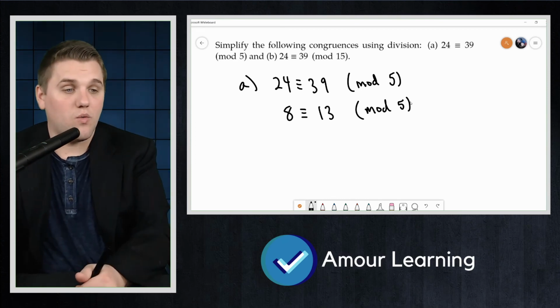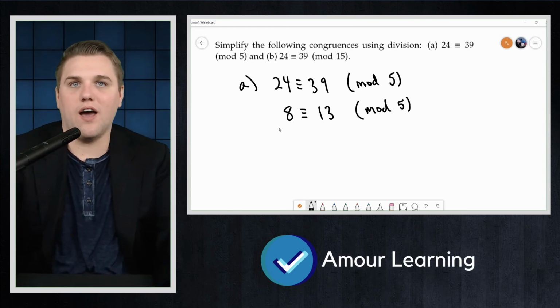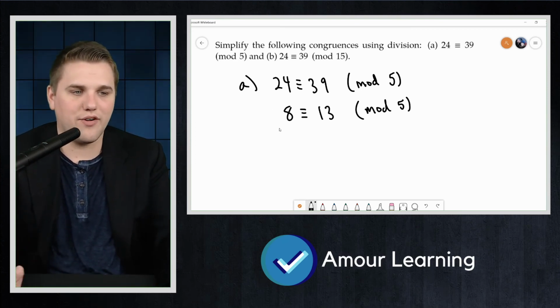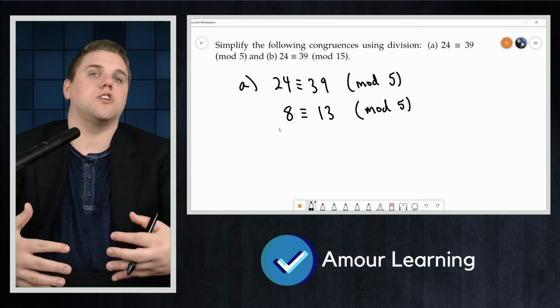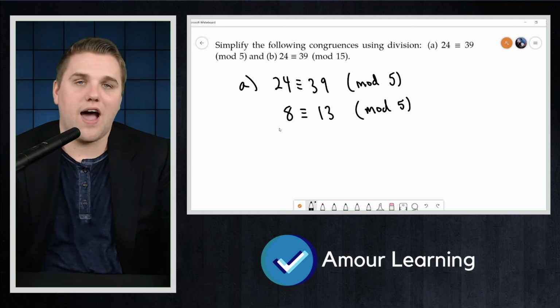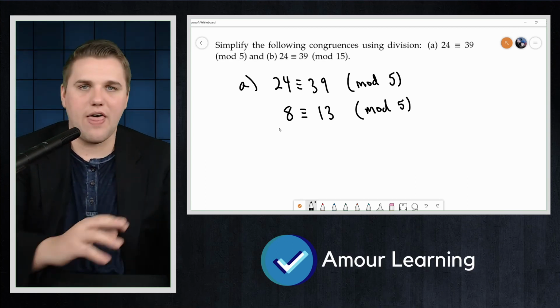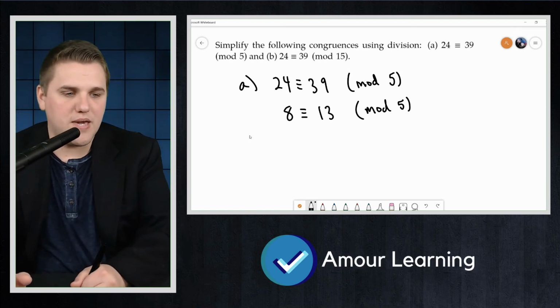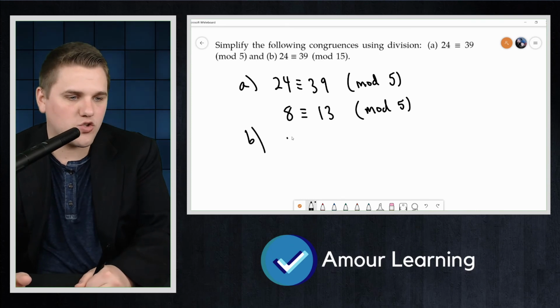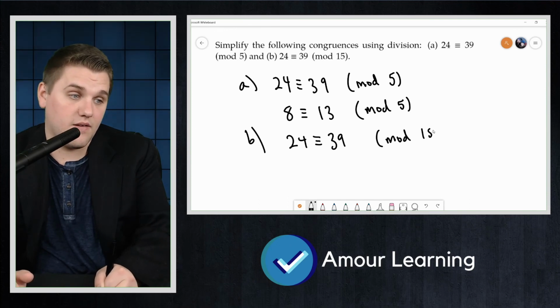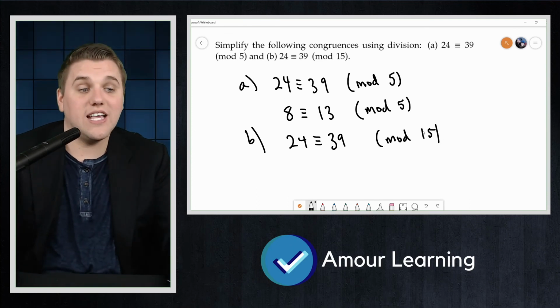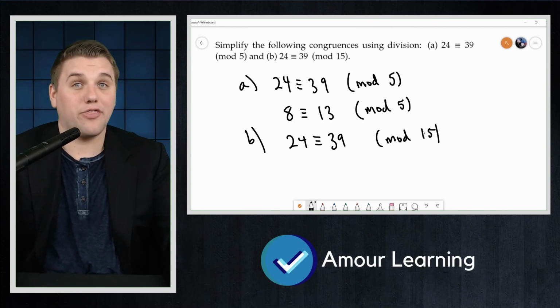We don't have to rewrite this, but we're just showing division mod 5 here. So I'm not going to simplify that 13. Let's look at B. Here we have that 24 is congruent to 39 mod 15. Now in this case, again, I want to divide by 3.